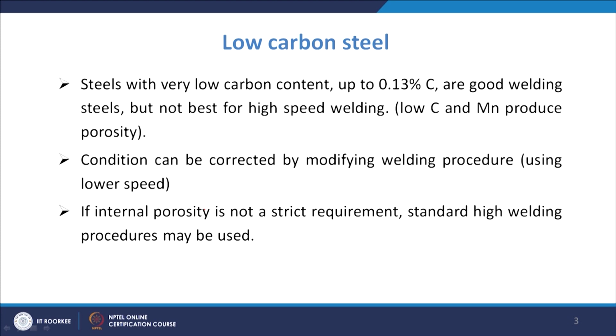So, you have to see that you go for slow speed. That way you can avoid the formation of porosity, especially when you have low carbon and also low manganese.